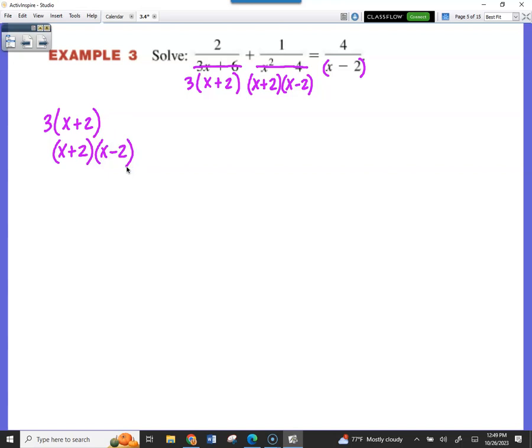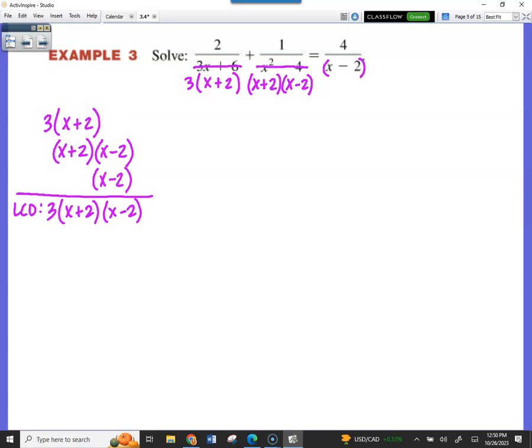And then we have x minus 2 on the last fraction. And so our LCD, if you stack them vertically and then just bring down every single element that there is, we have a 3, we have an x plus 2, and we have an x minus 2. If there's an exponent on the end of any of those, you bring that down too. Okay?